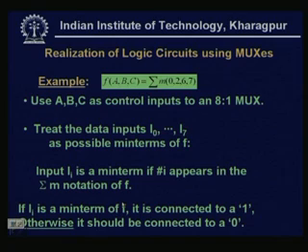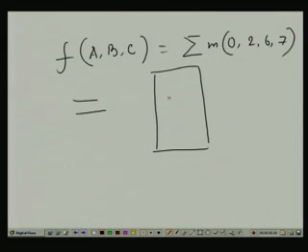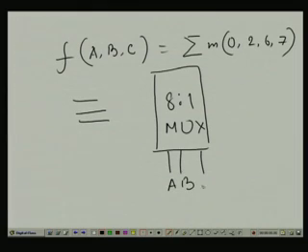So, for these combinational circuits, a 3 variable combinational circuit f of a b c, sum of min terms 0, 2, 6, 7, that is nothing but an 8 to 1 multiplexer, where these values A B C are the 3 select lines, and only these 0, 2, 6, 7 lines are 1 in these inputs.